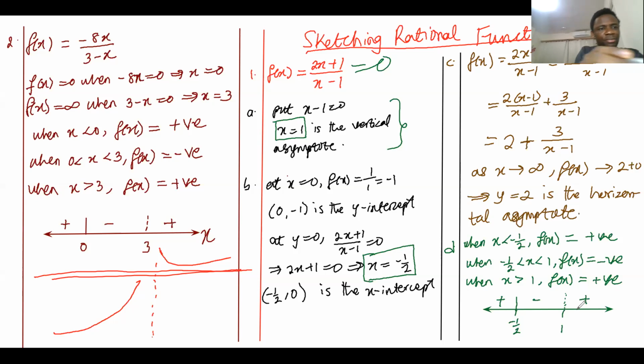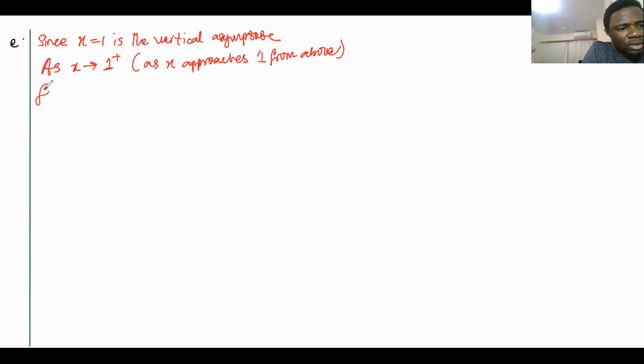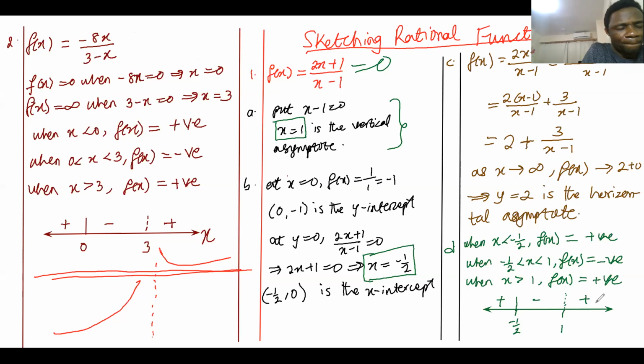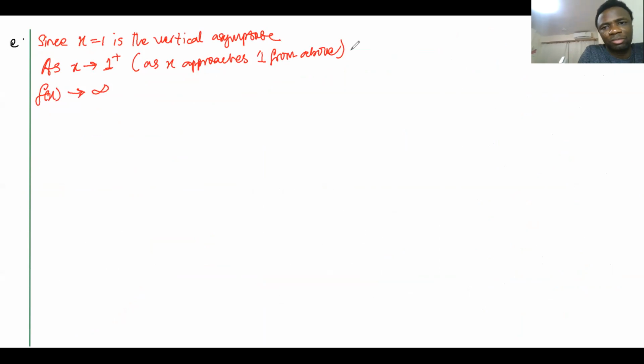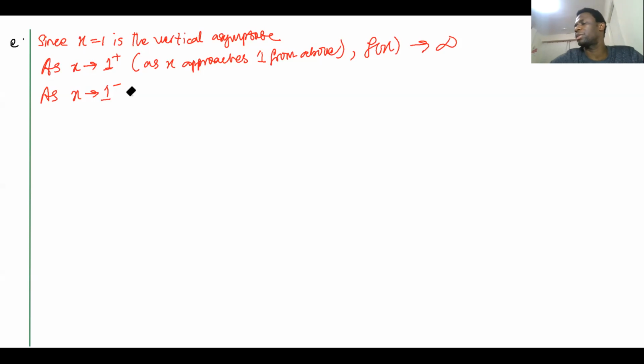So we're going to say, as this happens, f of x tends towards positive infinity, that is from above. Then from the other direction, as x approaches 1 from below, not minus 1, please, sorry. From below.